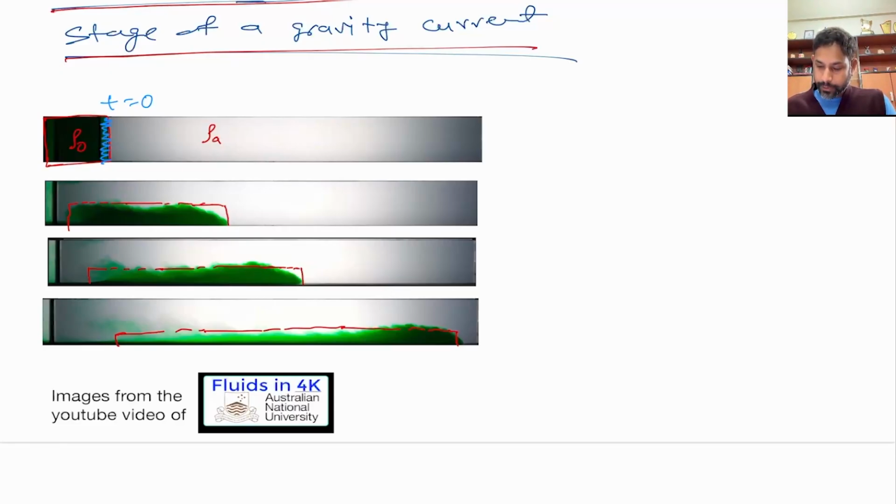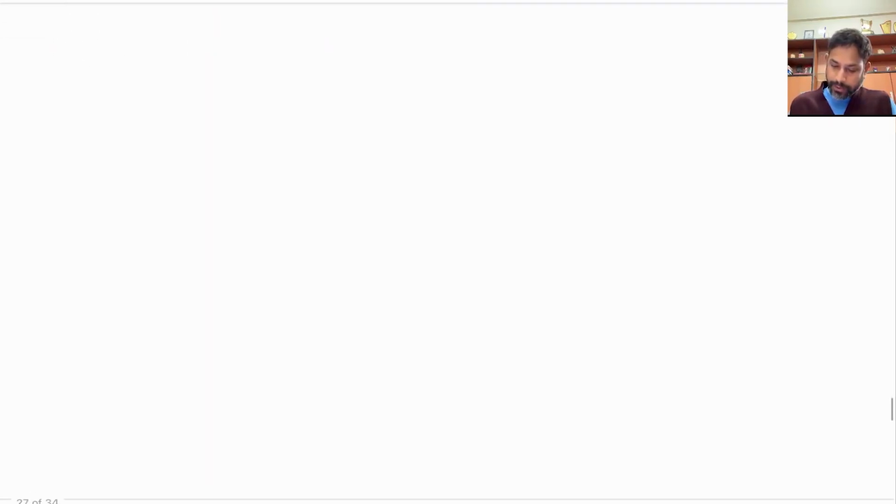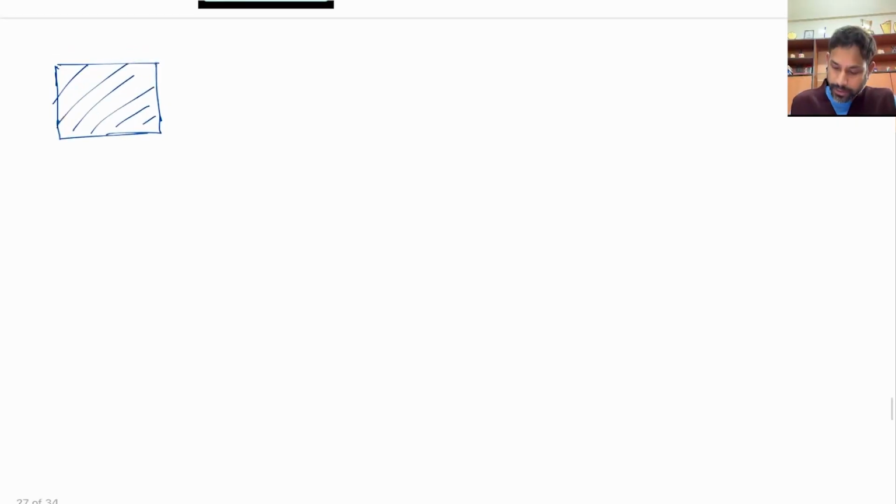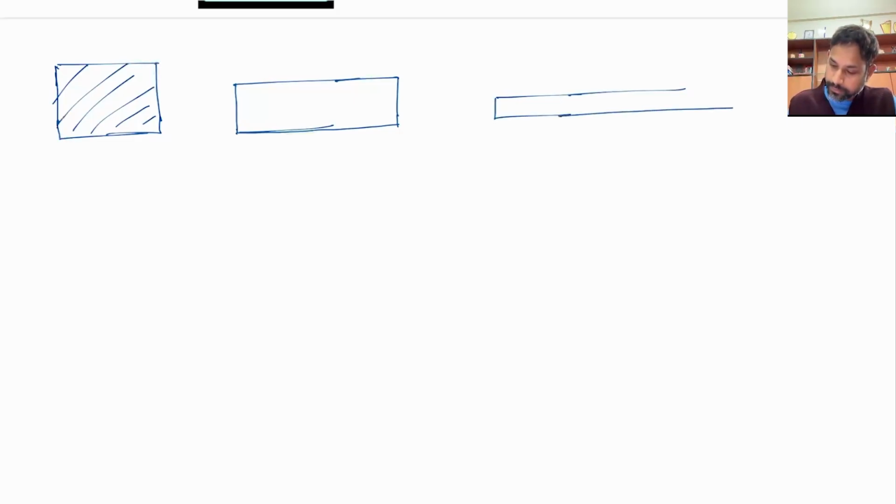And that is why we will try to solve for this box type gravity current, and we will assume that originally this was the amount of fluid that was released, and after a certain time it becomes something like this, and after an even longer time it becomes something like so.